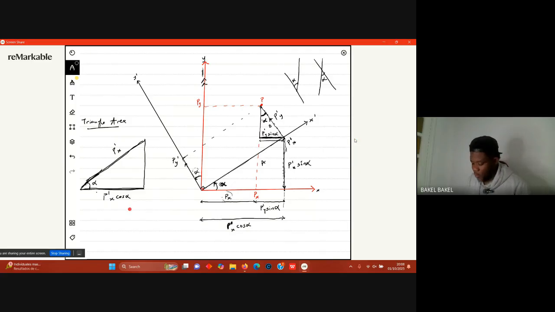So that is how we got that there. That's where the big triangle came from. Now having seen that, we know where the big triangle comes from. The rest is easy. p prime x cos alpha equals px plus p prime y sine alpha. And then, simple mathematics, px equals p prime x cos alpha minus p prime y sine alpha. This is what we need.